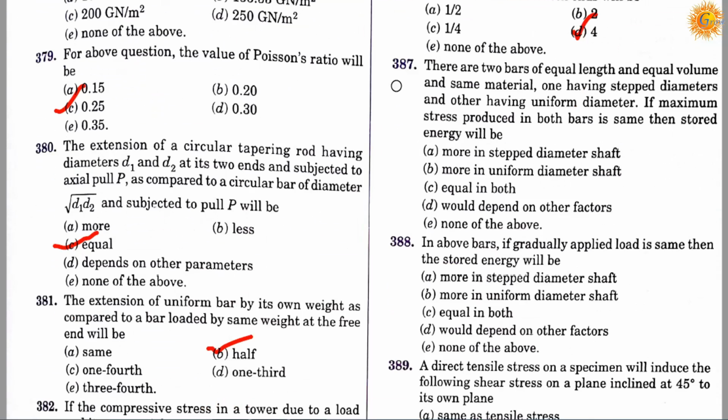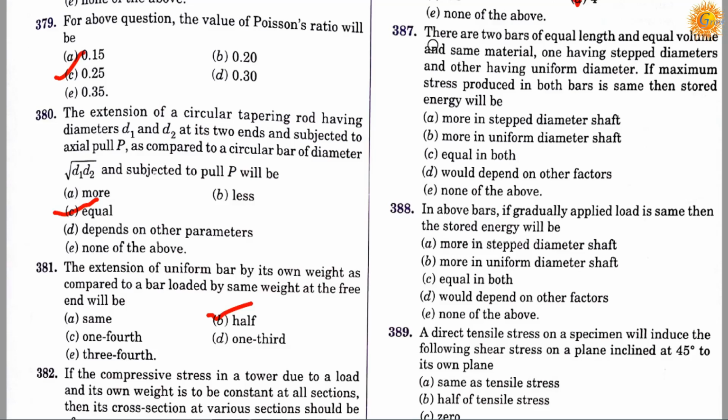Question number 387. There are two bars of equal length and equal volume and same material, one having stepped diameter and the other having uniform diameter.